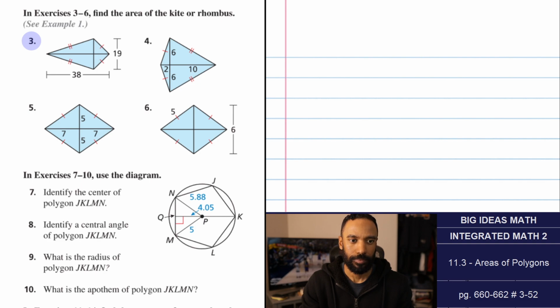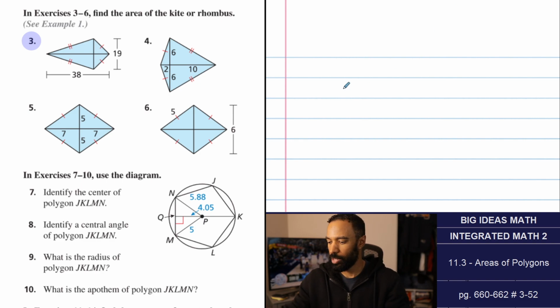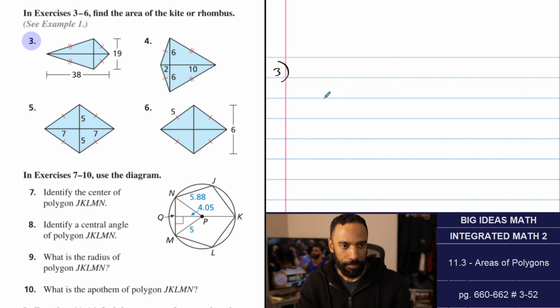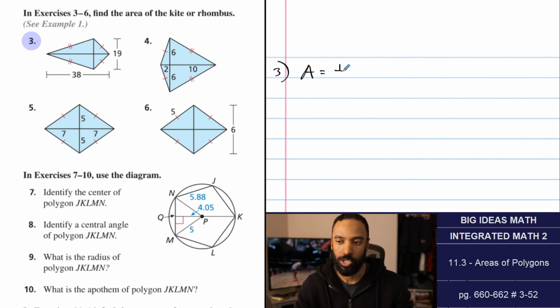Find the area of the kite or rhombus. Okay, number 3. With that diagram, the area of a kite has perpendicular diagonals, and our area is 1/2 the product of your 2 diagonals.